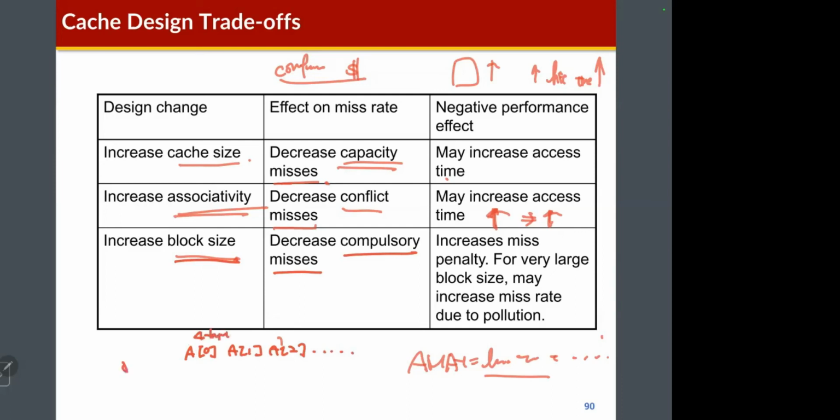If we use an 8 byte block for cache, then when the first A0 is referenced, we fill A0 and A1 in the cache because the block size is 8 bytes.